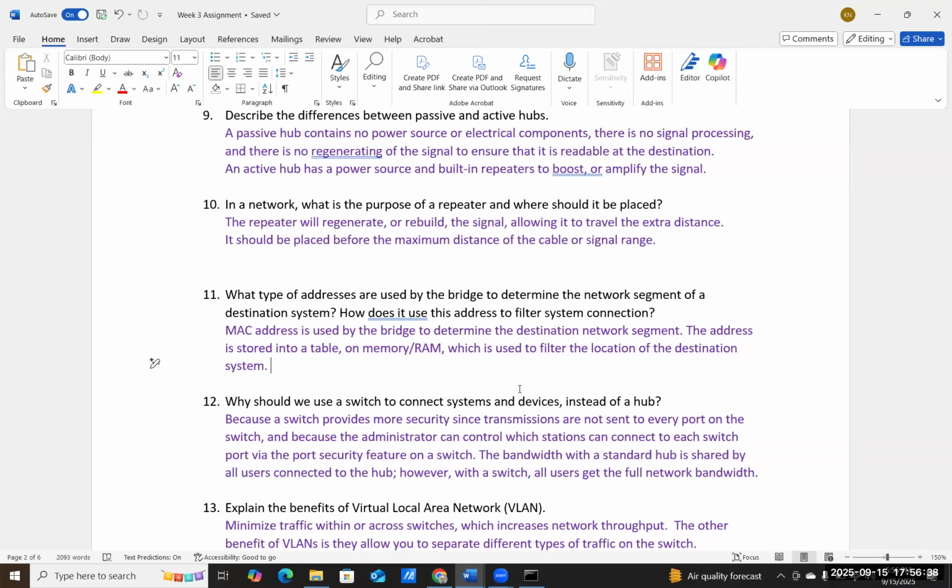And you can also control port security with the switch, whereas with the hub, you cannot. Some hubs just send to everybody, it doesn't care. And even the active hub just repeats and sends. With the switch, you can pinpoint which system is connecting physically to which port, and if that's allowed.